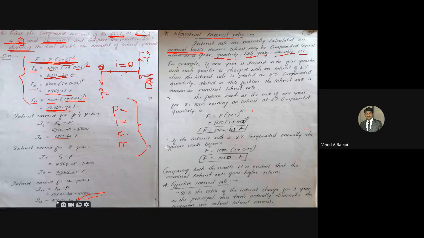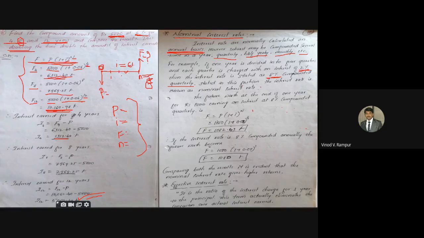For example, if 1 year is divided into 4 quarters, and each quarter is charged an interest of 2%, then the interest rate is stated as 8% compounded quarterly. That means for 1 year there are 4 quarters, and if they charge 2% for 1 quarter, that is 2 times 4, which is 8% compounded quarterly.